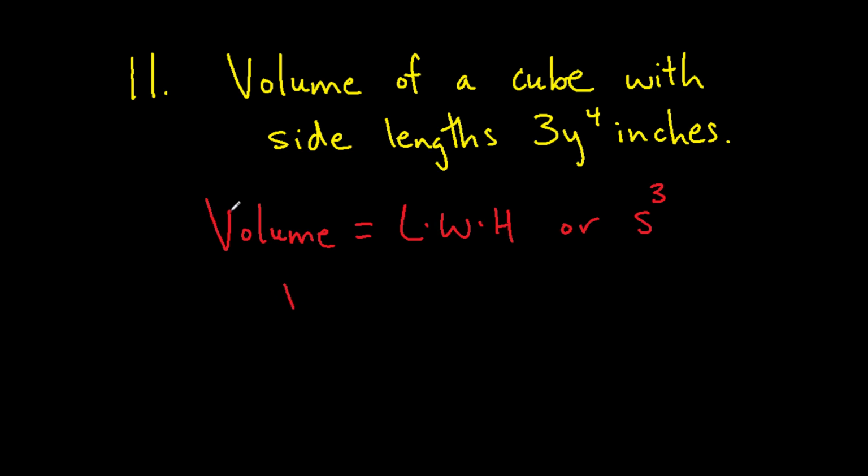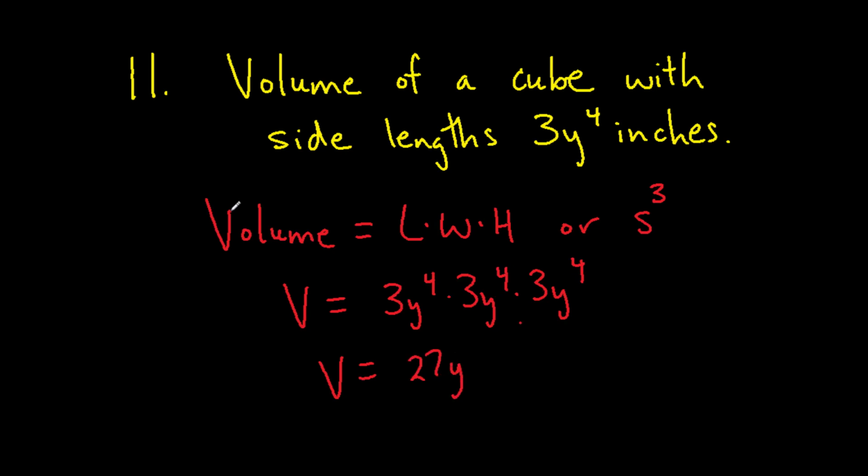So basically the volume will be 3y to the 4th times 3y to the 4th times 3y to the 4th, which is 3 times 3 times 3, 27, y to the 4 plus 4 plus 4, y to the 12. Since volume is in cubic units, we will put inches to the 3rd power on our answer.